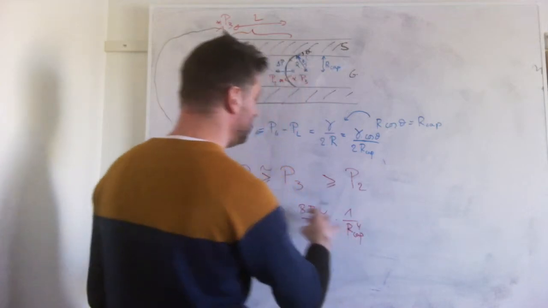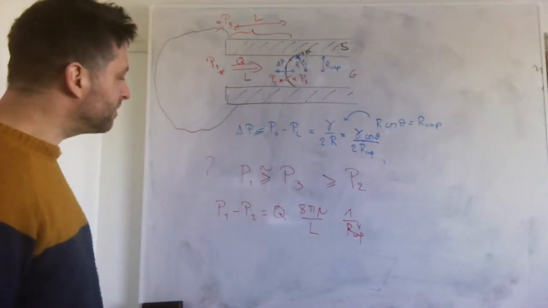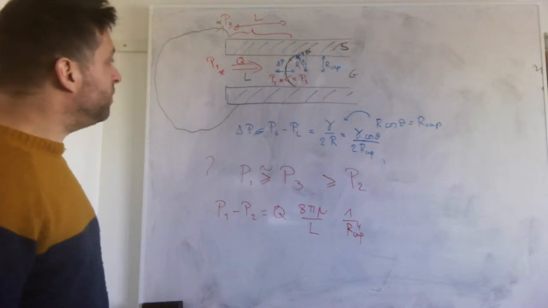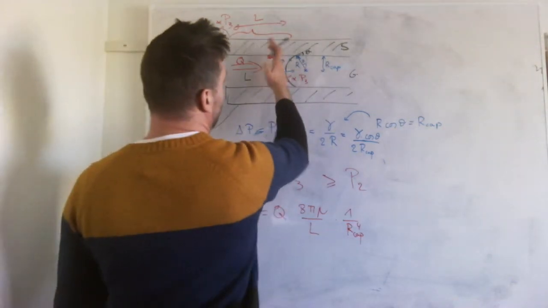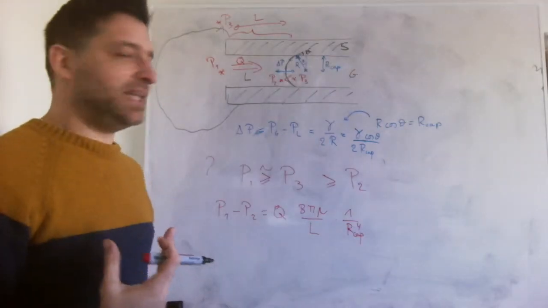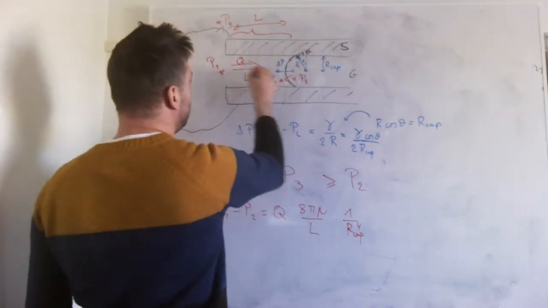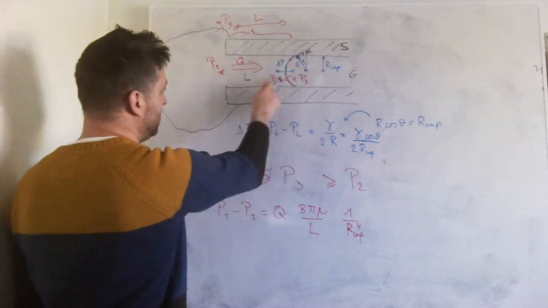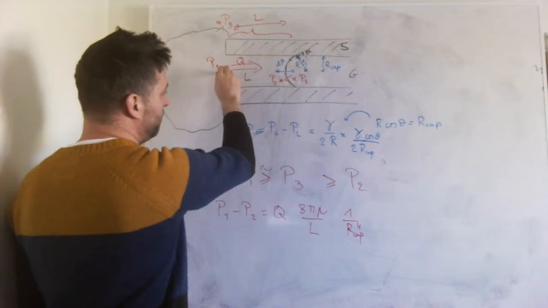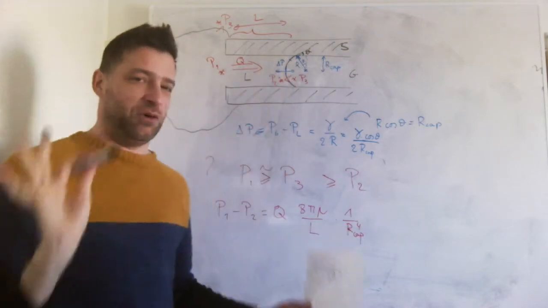We have derived this formula. This Hagen-Poiseuille formula is true within the liquid phase, so it is true between point 1 and point 2. Because the pressure in point 1 is higher than the pressure in point 2, I will have a liquid flow from point 1 to point 2. And that is very normal.